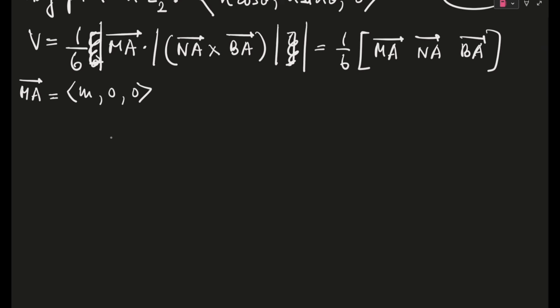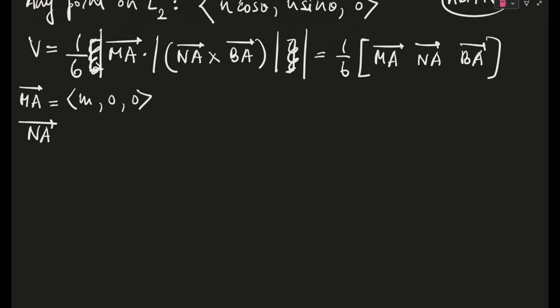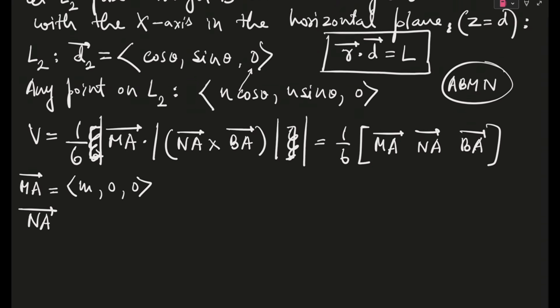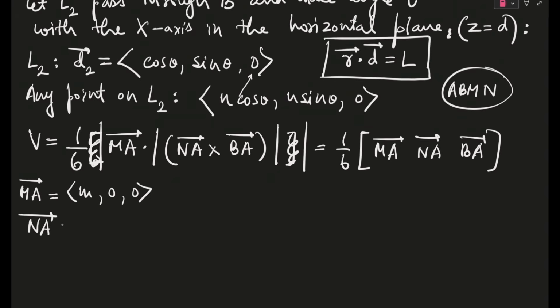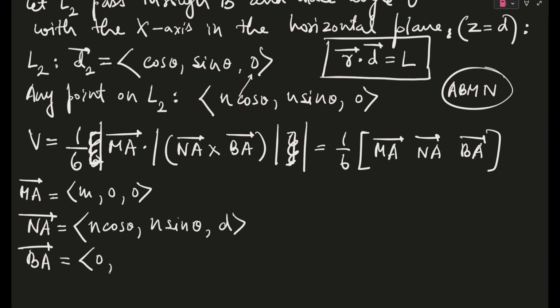After this, if we want to find the NA vector, it will come out to be n cos theta, n sin theta, and d this time because it's the NA vector. Your BA vector is very simple: 0, 0, d.